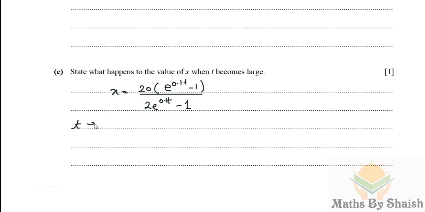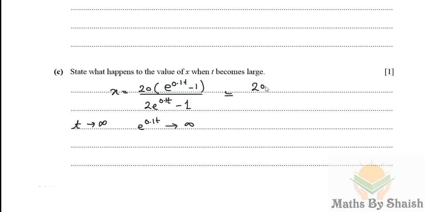So when t becomes large, it means t tends to infinity, e raised to the power 0.1 t will also tend to infinity. So what we are going to do is rewrite it.